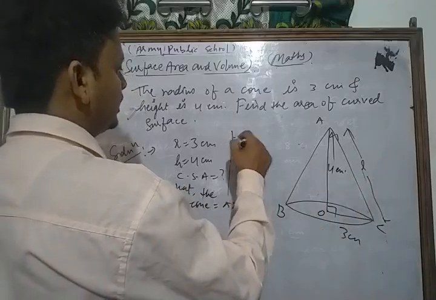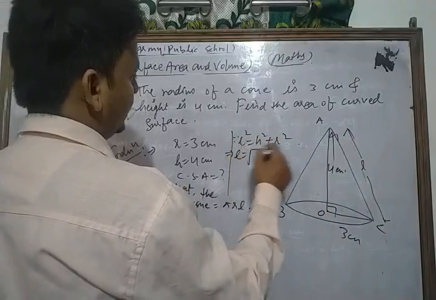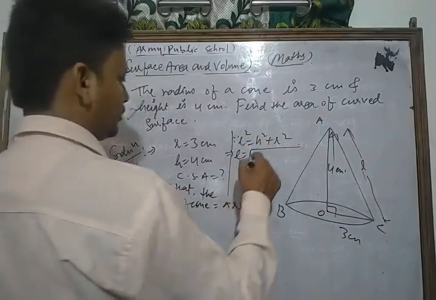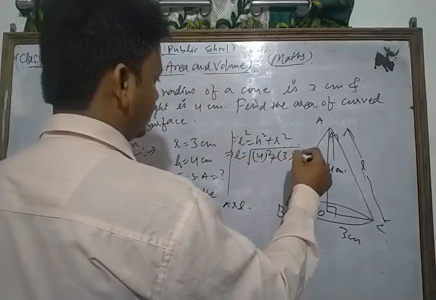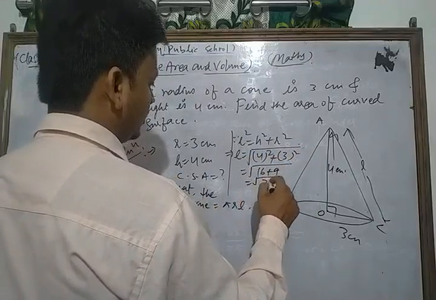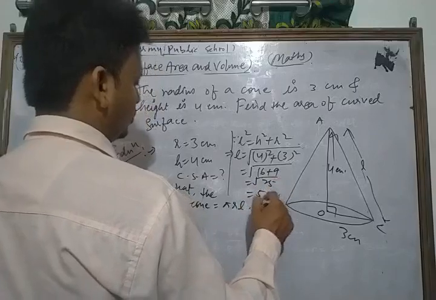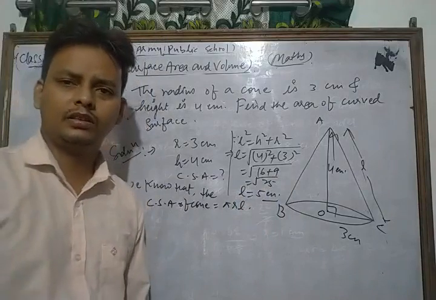We know that l square is equal to h square plus r square, so from there l is equal to h square means 4 square, r means 3 square. So we get 16 plus 9, 25, then 5. So in this way, first of all, we find the slant height of the cone.